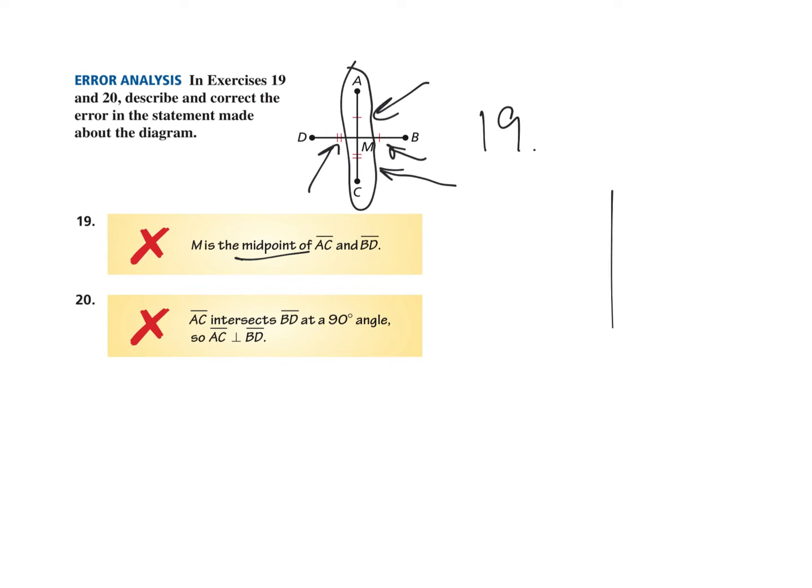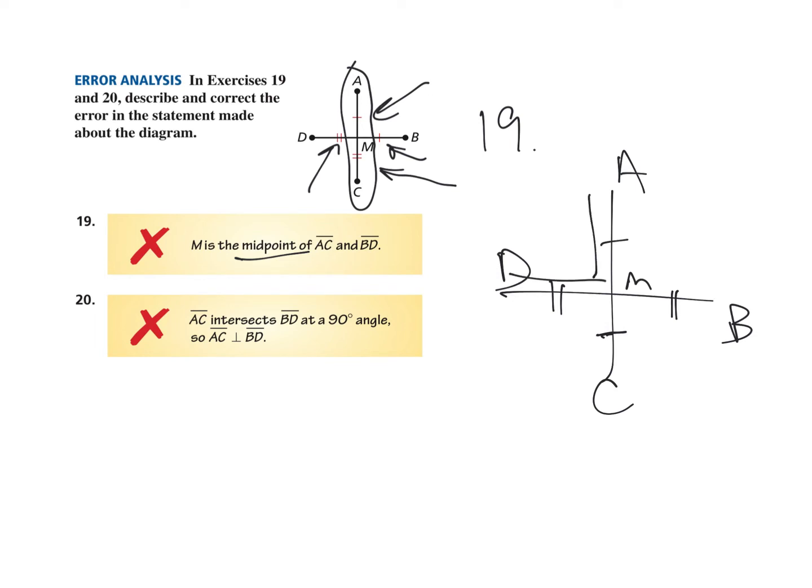So here's what it should look like if you have A and C and this is M. I'm just doing it really fast and crudely. If M is the midpoint, then these two are the same and those two would be the same. That's the correction. You don't know if A to M is the same as D to M. You can't assume that.